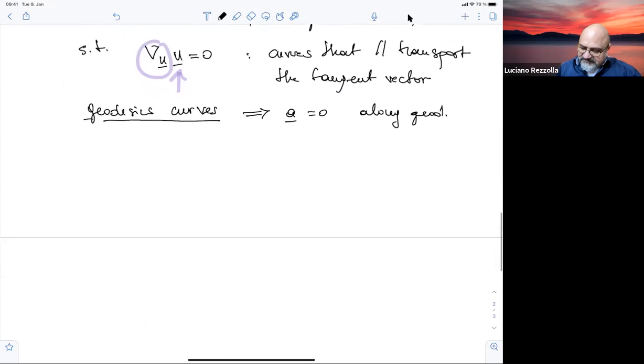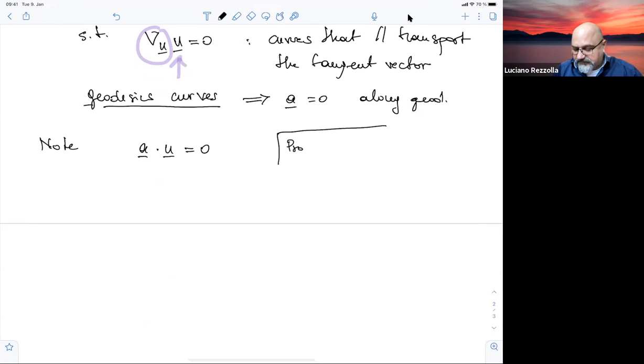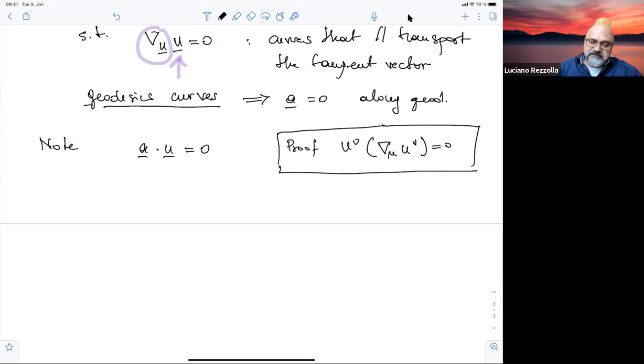Now, another property that is not obvious, but is actually true and very important, is the following. A and U are orthogonal. So if I take a scalar product between A and U, I get 0. If you want to prove this, it is very simple, but you first have to prove that u^ν ∇_μ u_ν is equal to 0. Once you've proven this, it's trivial to prove that A · U is equal to 0.